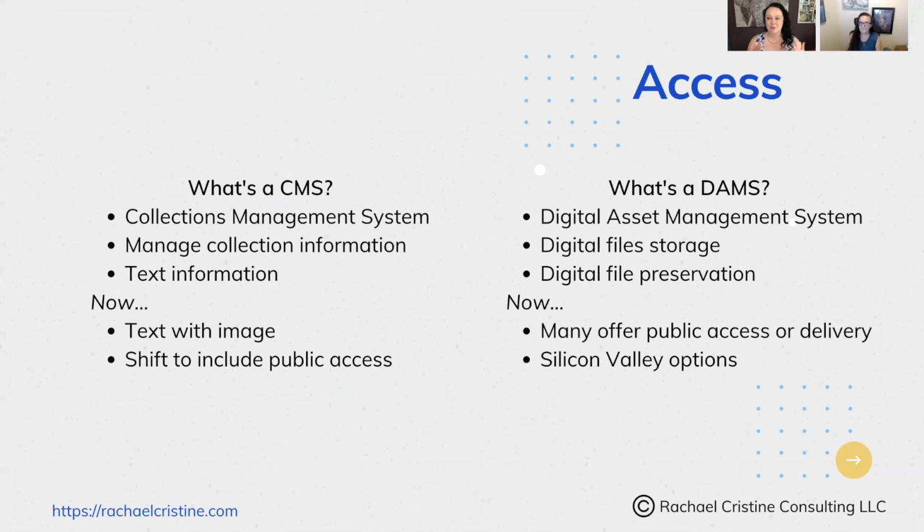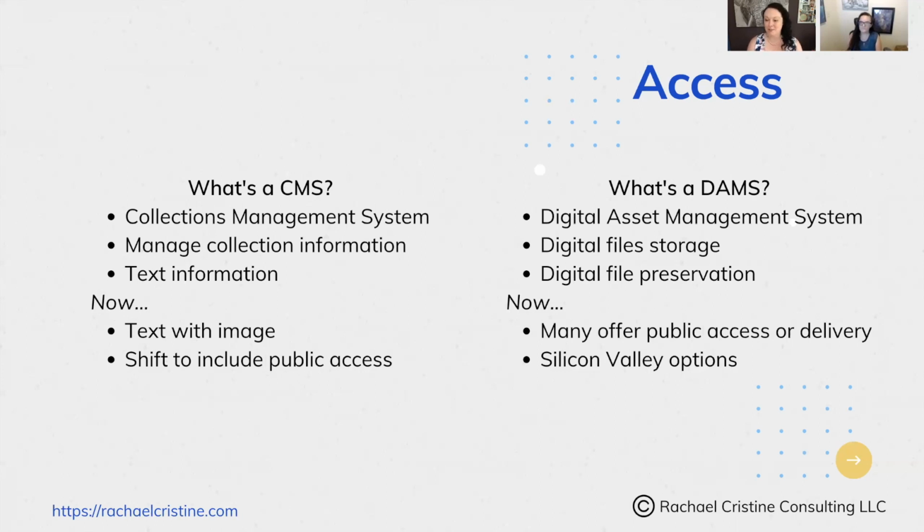Now we're getting a bit of a crossover across these products, in terms of maybe you have a collections management system, but now you're able to do text with image. Now you're able to do a collections management system that publishes online instead of just the internal card catalog.